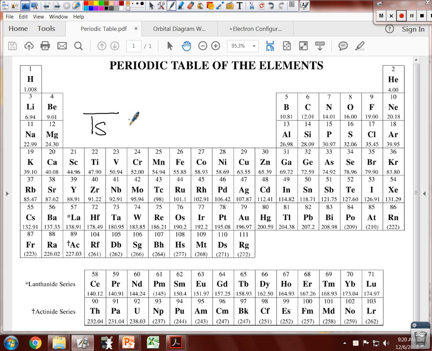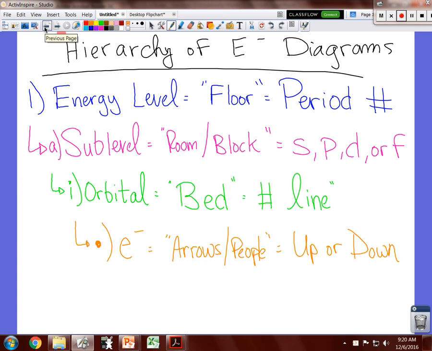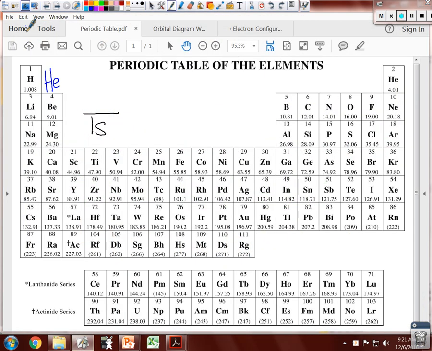So what does all of this mean? What's important about this? Before I go any further, do you agree that helium technically is to be sitting right there? All right, so we're just going to pretend. You know that 1 represented what? The floor. It represented the energy level. And what I wrote over here, the energy level is equal to what? Period number. Are you with me? So, since this is the first energy level, it's in period what? 1.